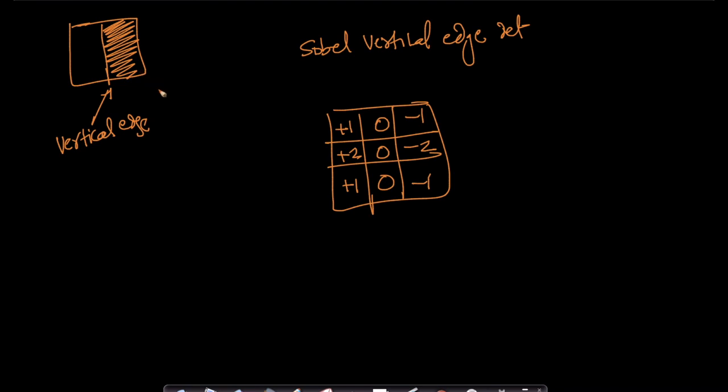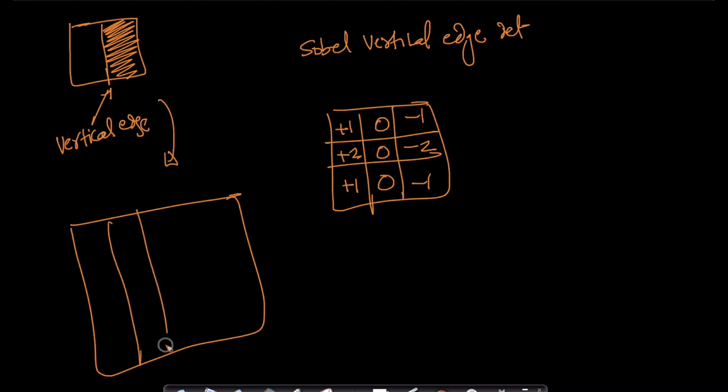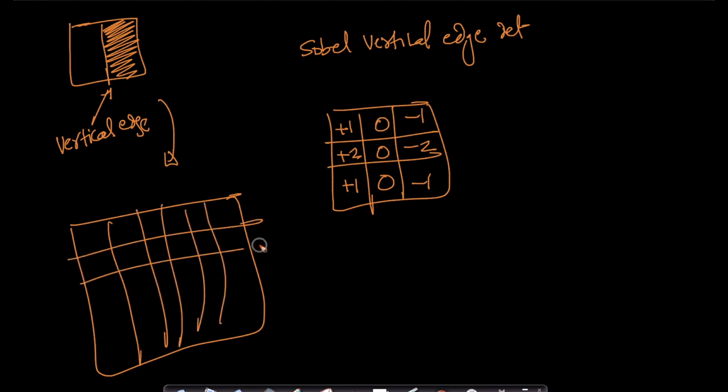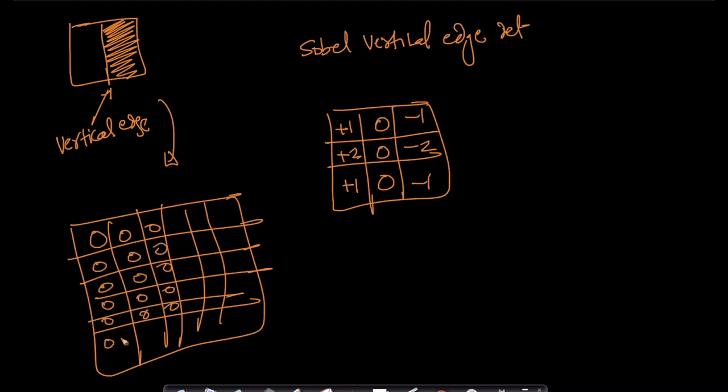So given this input image, you can always write this as a 6 by 6 matrix, right? The way it looks is this. You'll have all zeros here. Instead of writing 255 so many times, I'll represent 255 as a dash. This dash here implies 255, because it's easier to write dash instead of 255.